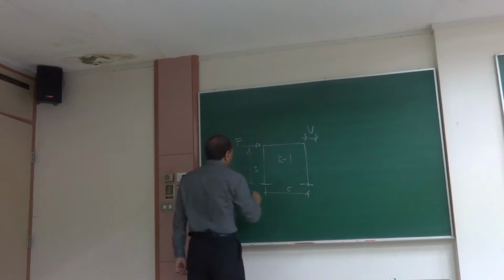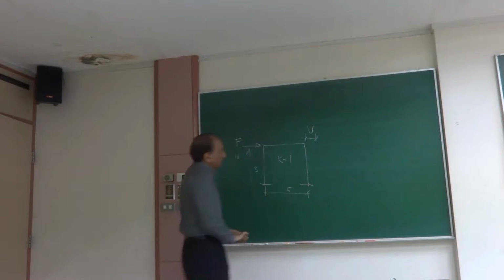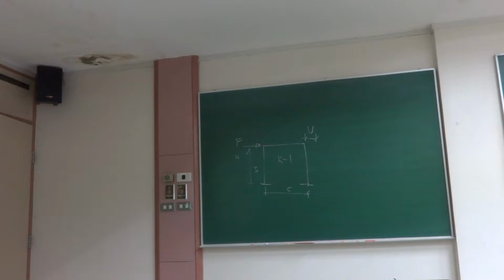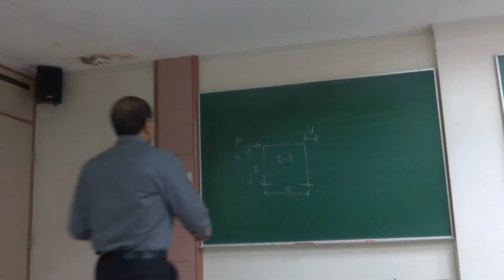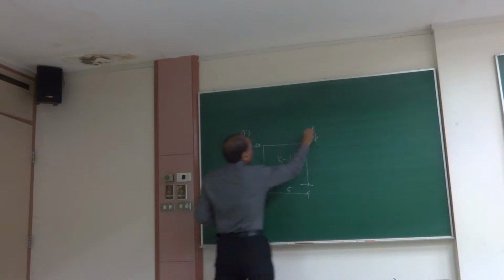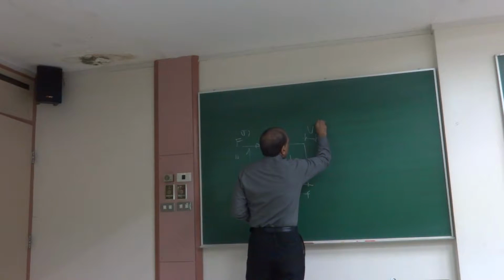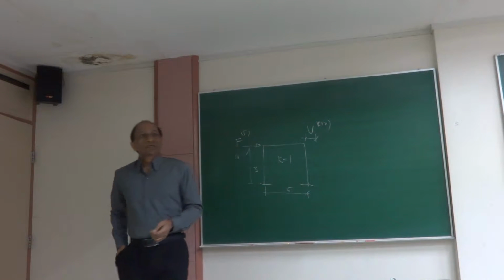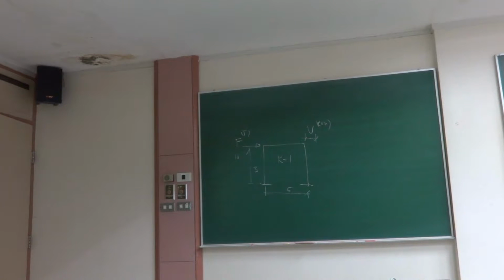If I apply force equal to 10, what is U? Let's say the units are ton for force and centimeter for displacement. So 1 ton, 1 centimeter, because K is equal to 1 from this equation.